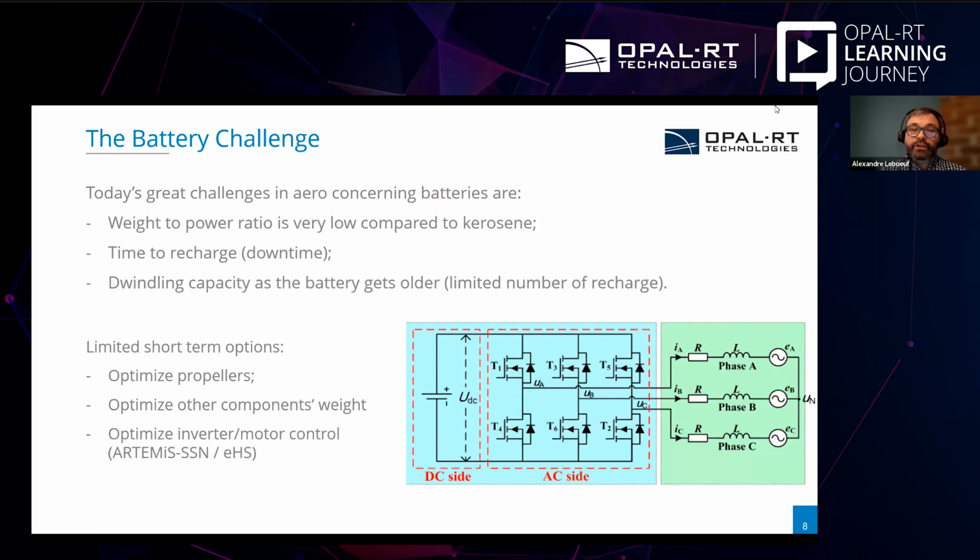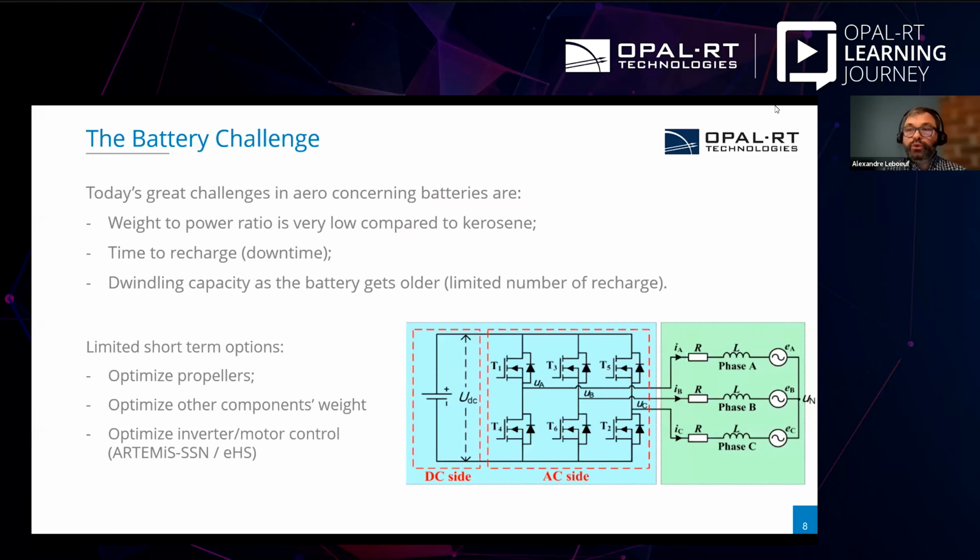So we have limited short-term options as we speak. Optimize the propellers to be more efficient. Optimize the other components' weight. Obviously, if we can replace the weight of the battery in other components, we're going to be winning. But one of the proposals that OPAL-RT and the other companies that do HIL are proposing is to optimize the inverter motor control.